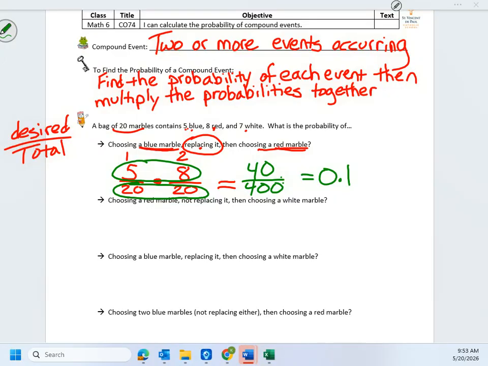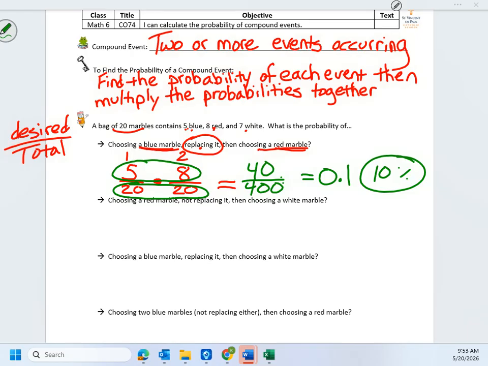Jackson? 10%. Okay, so we're doing what we did in the previous objective, but we're doing it however many events we have. Then we're multiplying the fractions, finishing it off with our percentage.